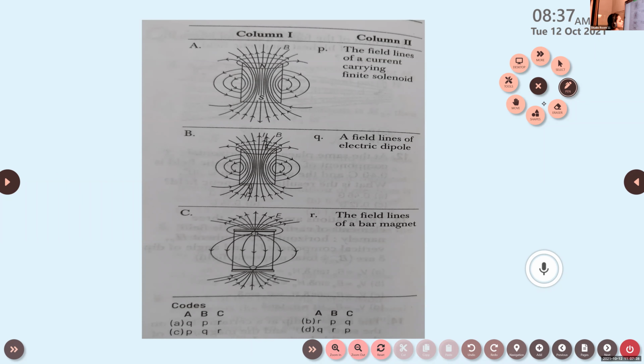In column A, it represents the magnetic field lines around a bar magnet.